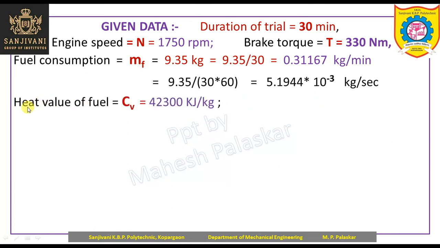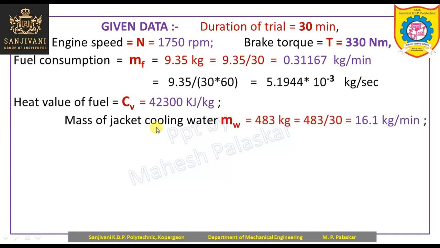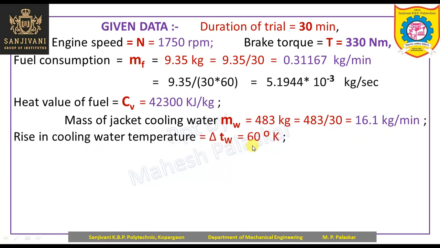The calorific value or the heat value of the fuel is given as 42300 kilojoule per kg, and the mass of jacket cooling water MW is 483 kg for 30 minutes, but per minute you have to divide by 30, 483 upon 30, that is 16.1 kg per minute. Rise in cooling water temperature is given as 60 degree Kelvin, so no change in this value.